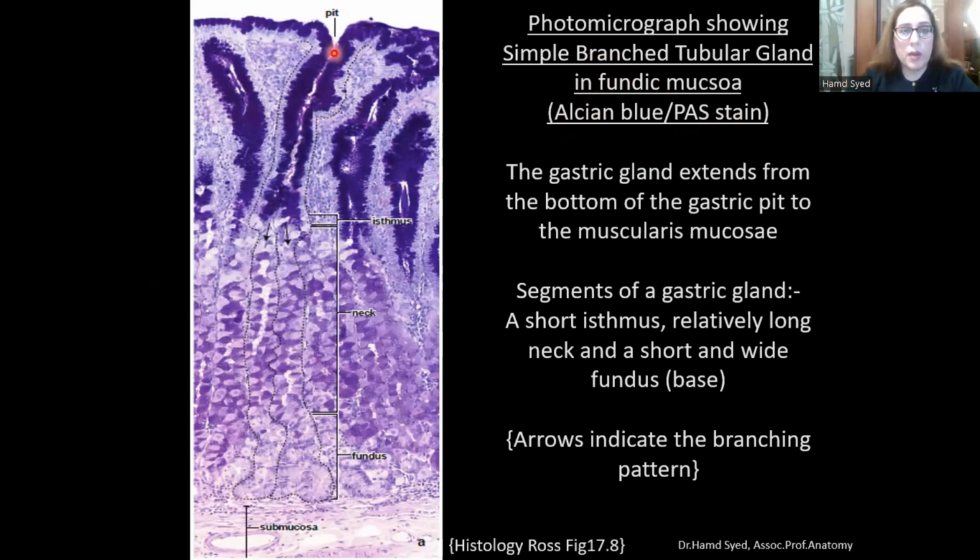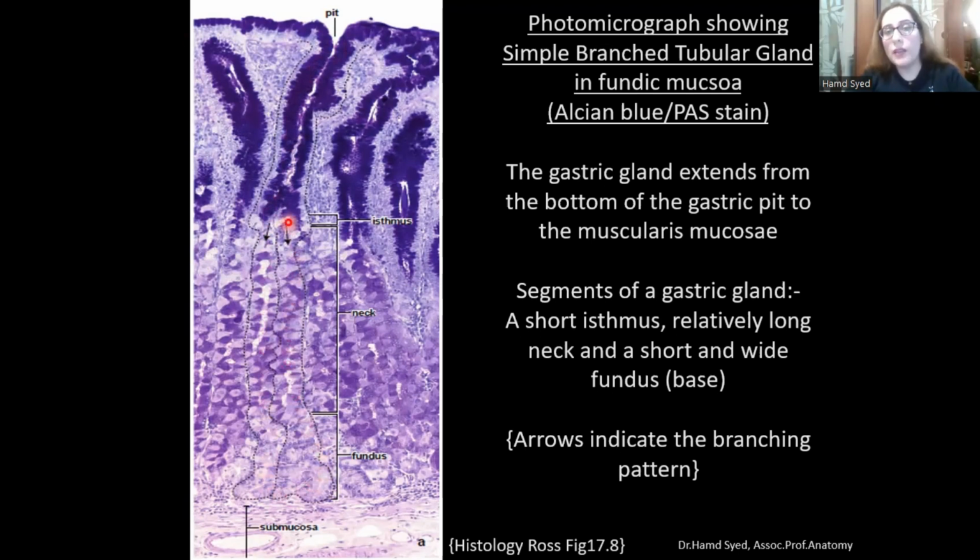Remember, I told you that the point of invagination of the epithelium at the lumen of the stomach is known as the gastric pit. And then this epithelium invaginates, and you can see it forms these deeper lying gastric glands.